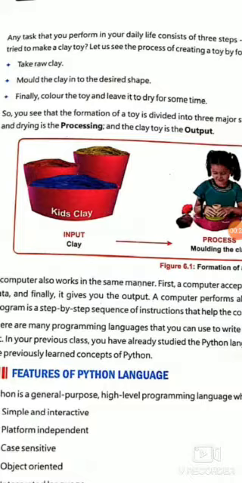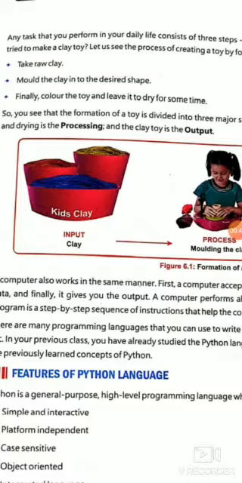Any task that we perform in our daily life consists of these steps: input, processing, and output. Let us see the process of creating a toy by following the given steps. Take raw clay, mold the clay into the desired shape.